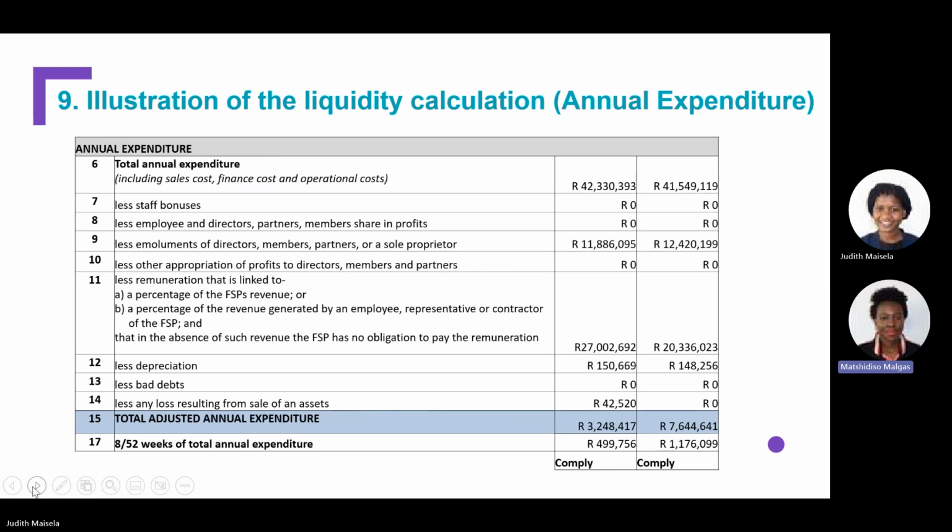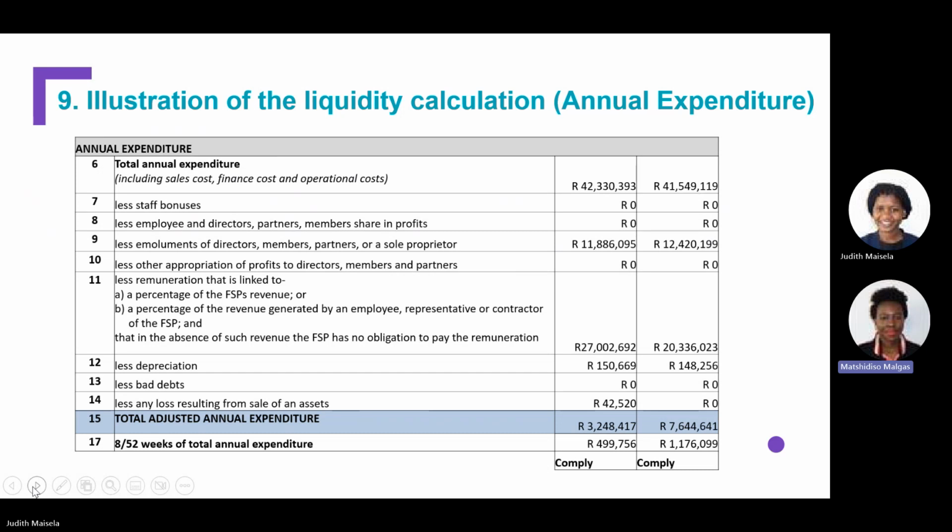We take out a percentage of the FSP's revenues, remuneration, for example commission, which is based as a percentage of the revenue from the rendering of financial services. What other remuneration do we deduct?